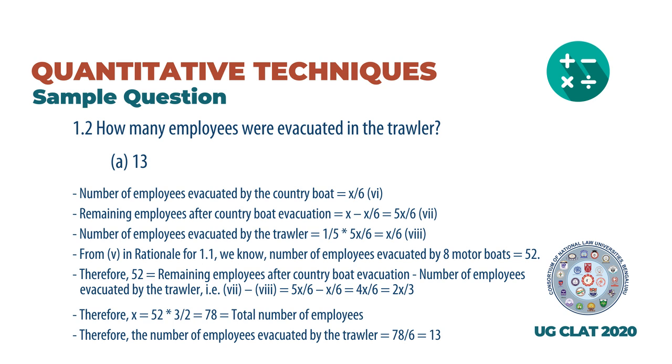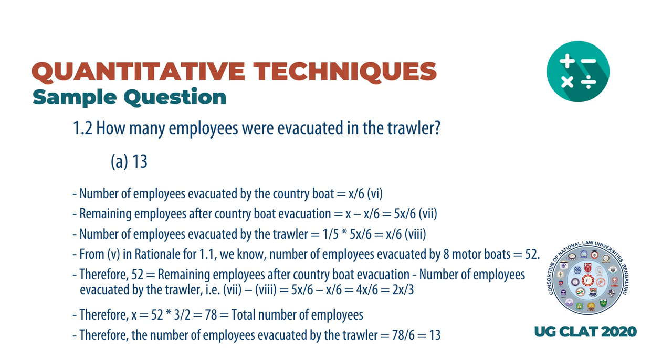Therefore, 52 is the number of remaining employees after the country boat evacuation minus the number of employees evacuated by the trawler. That is, 52 is equal to calculation 7 minus calculation 8, which is equal to 5x divided by 6 minus x by 6, which is equal to 4x divided by 6, which is equal to 2x divided by 3.